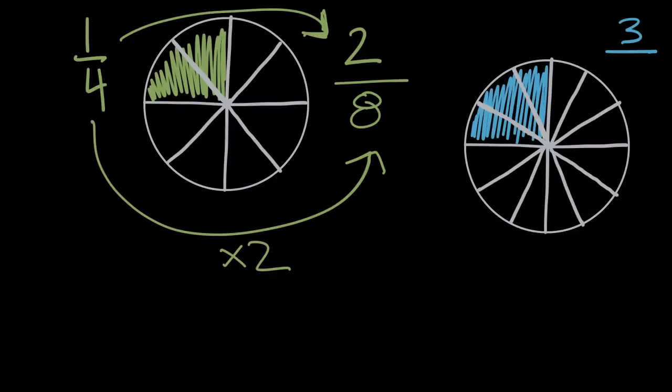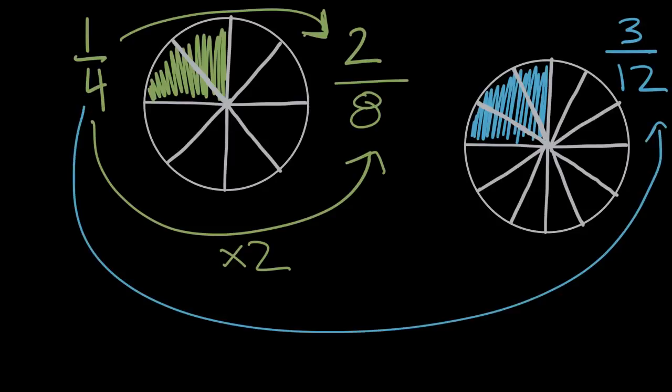So now we have 3 shaded pieces out of a total of 1, 2, 3, 4, 5, 6, 7, 8, 9, 10, 11, 12 out of 12. And I could have figured that out without even counting because I knew that we tripled. This time we multiplied our original denominator times 3. We tripled. And we also multiplied our numerator times 3.